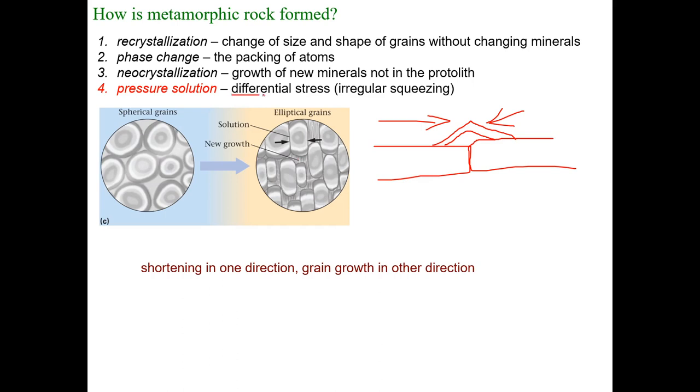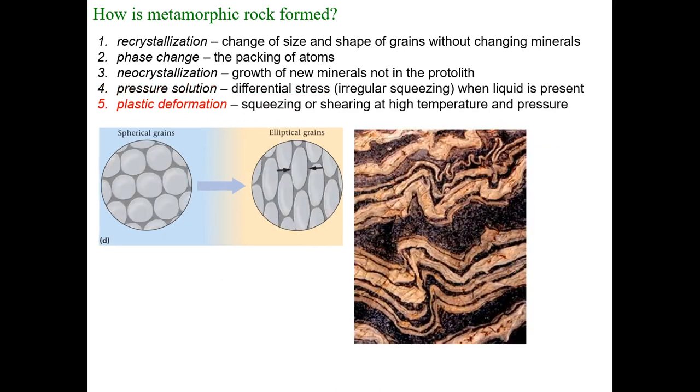So this is called a differential stress. It means that it's not equal in every direction. There's a preferred direction. And what that's going to do is it's going to take spherical grains and make them more elliptical like this and squeeze them out. Okay? So there'll be shortening in one direction and grain growth in the other direction. Okay? You also get plastic deformation, in which things will be squeezed and shortened and just get elastically squeezed.